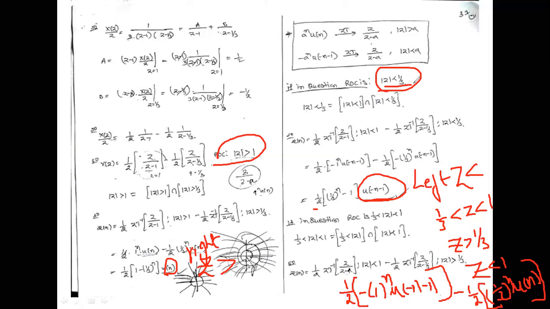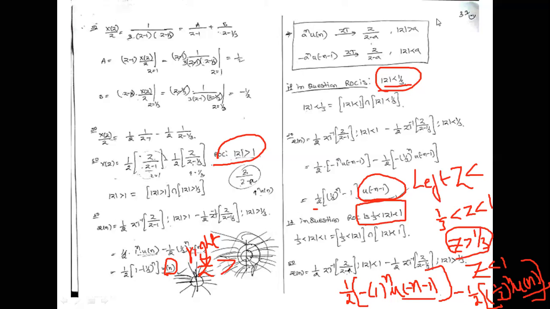When z is less than 1 by 3, the total function is multiplied with mu of minus n minus 1. But in the range given, depending upon where the value is present, take it as greater than 1 by 3 with mu of n, and wherever the 1 value is there, you can write mu of minus n minus 1.